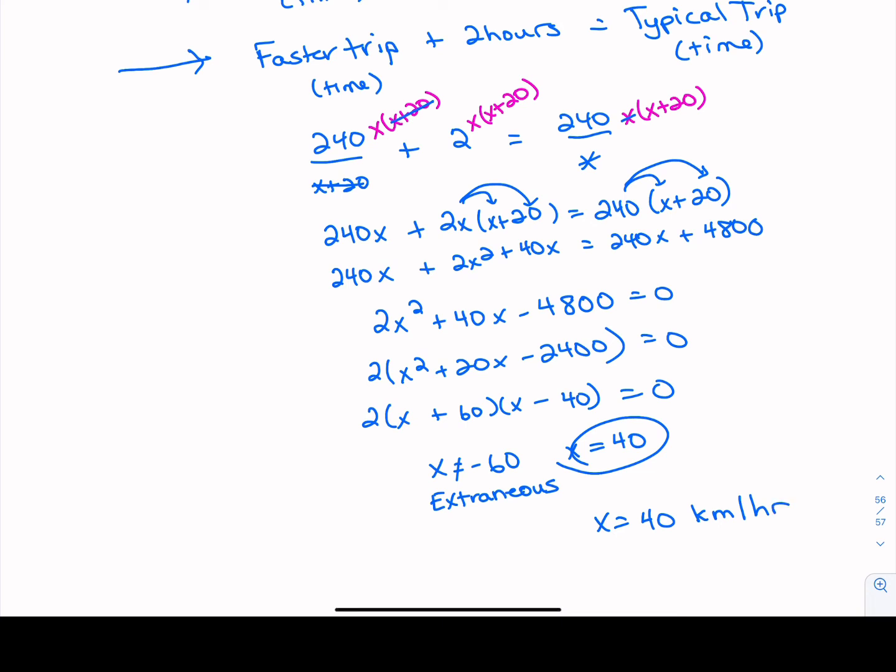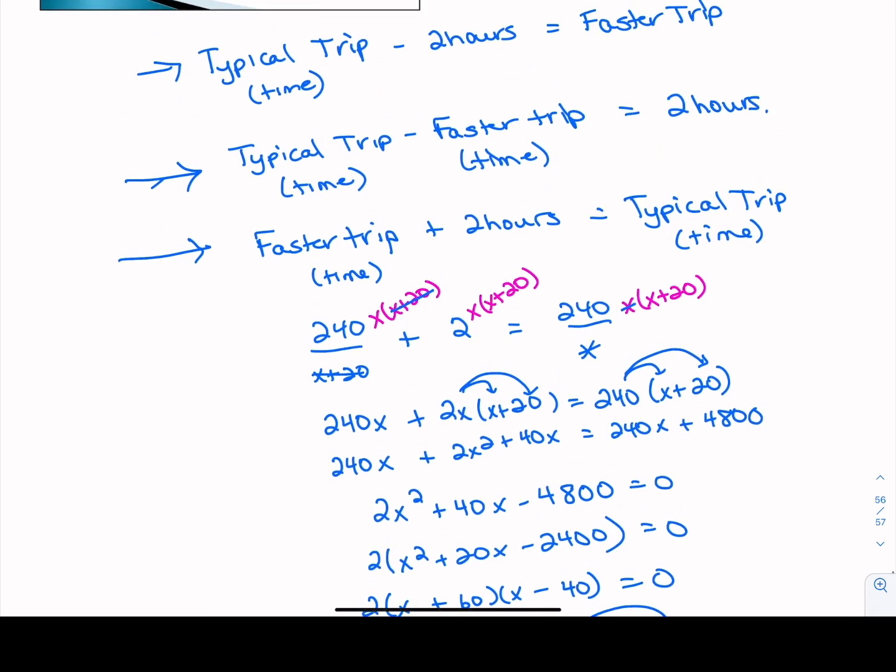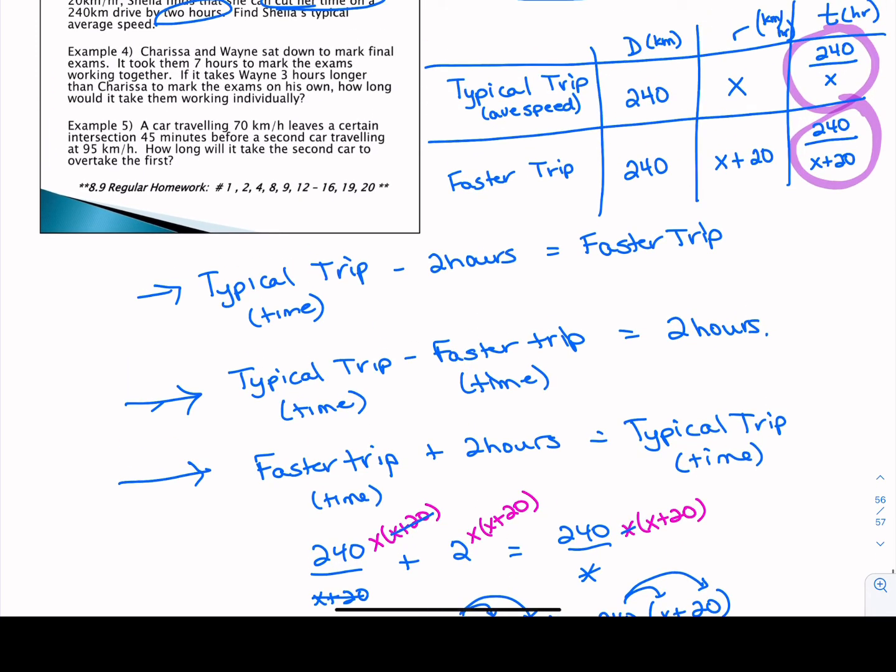Now that we know she travels at 40 kilometers per hour on her typical average speed or typical average trip, we can go back and compare that and find other pieces of information. If you wanted to know how fast she travels on her faster trips, of course 40 plus 20 would be 60 kilometers per hour, and we could get the time elements as well.